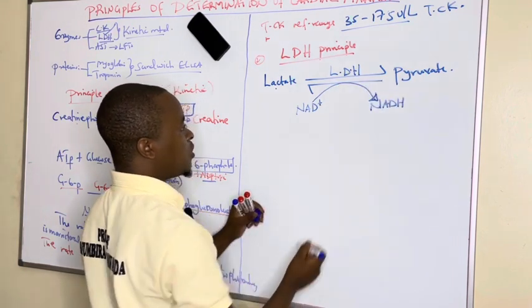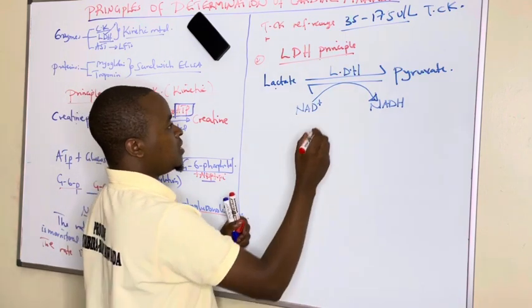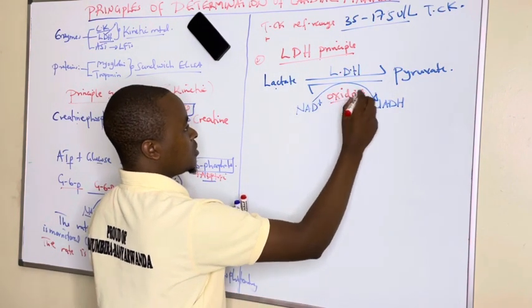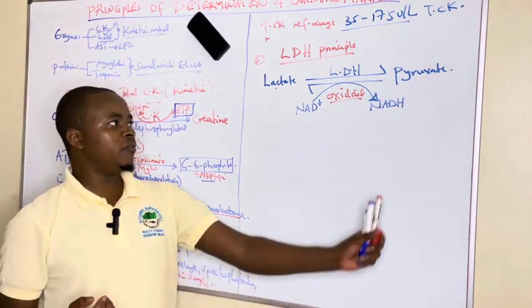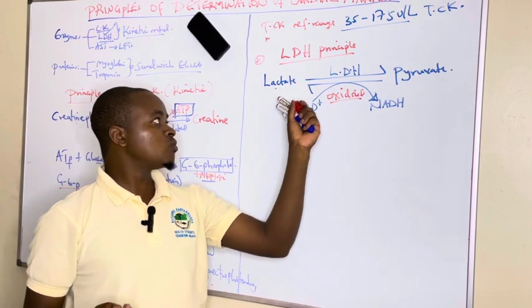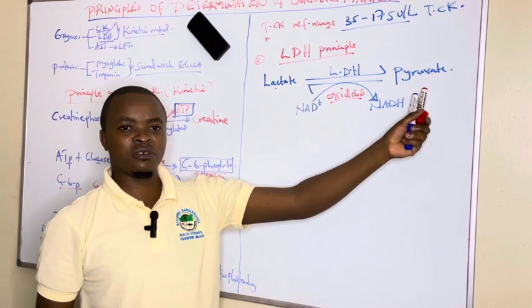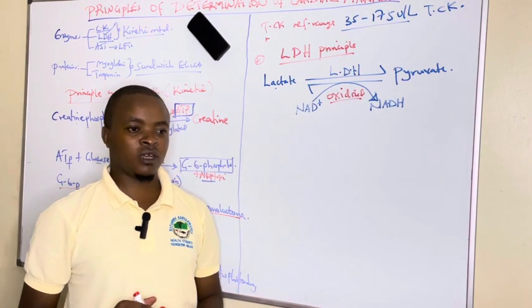So this is an oxidation, not a reduction reaction. Lactate is oxidized to pyruvate. It is a reversible reaction; we can also convert pyruvate back to lactate. Lactate is always formed during glycolysis and anaerobic respiration, where pyruvate is converted to lactate, which is a 3-carbon sugar.